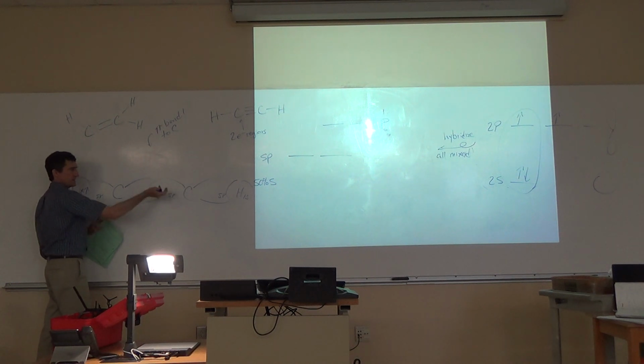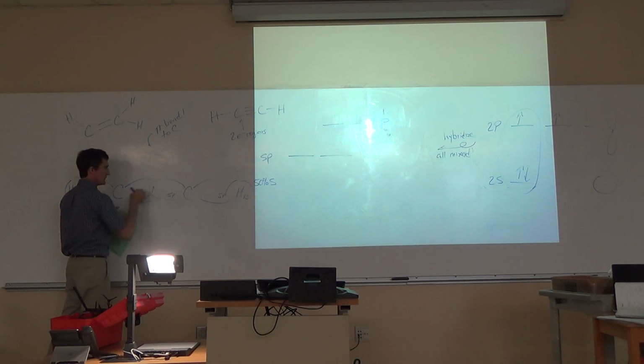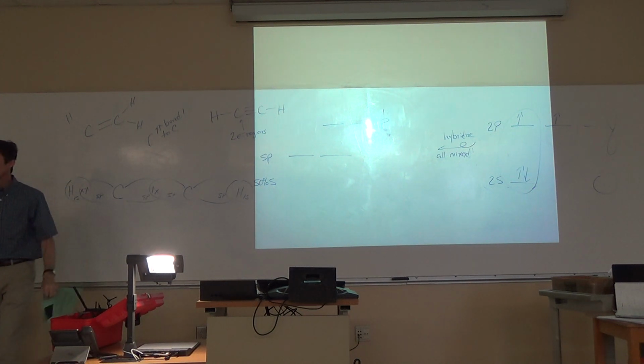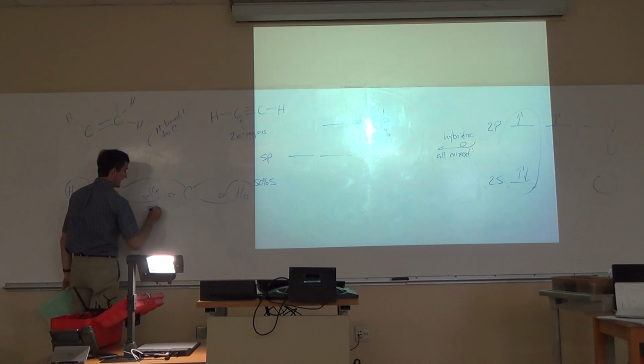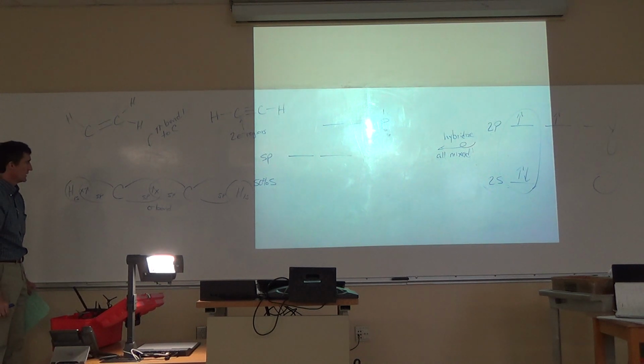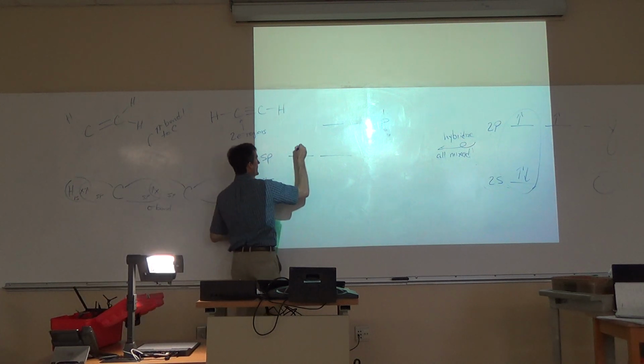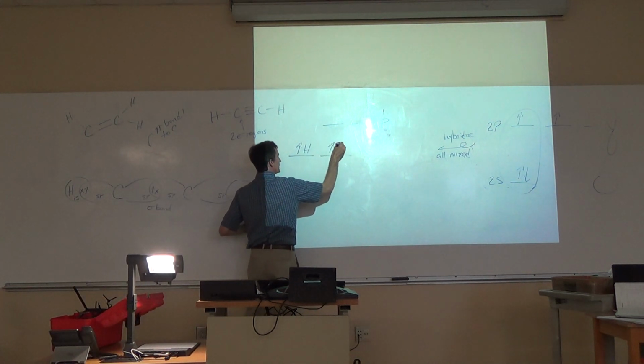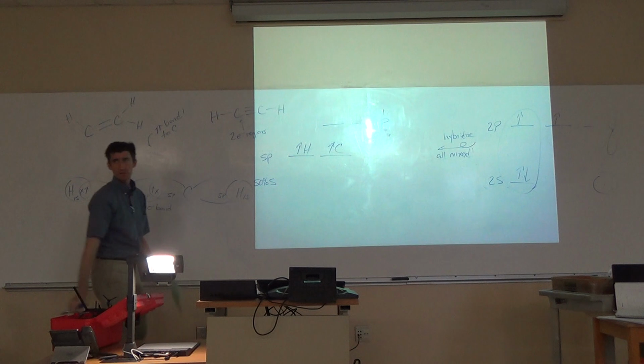But what do we have right here? 1 electron from the carbon we're dealing with, and 1 electron from the other. Really, you've got 2 orbitals interacting. What 2 orbitals are interacting? sp and sp. What type of bond is made here? Sigma. That's a sigma bond. Head-to-head overlap of the 2 hybrids. What did we just make? We made a sigma bond to hydrogen and a sigma bond to carbon using the 2 hybrids.